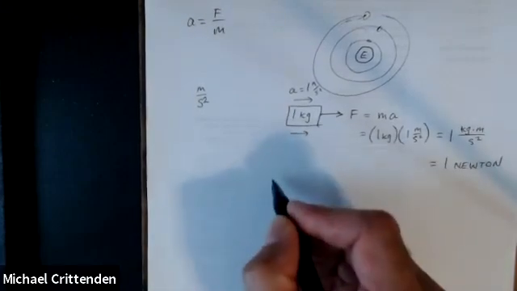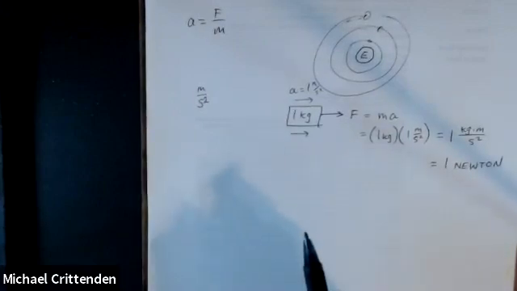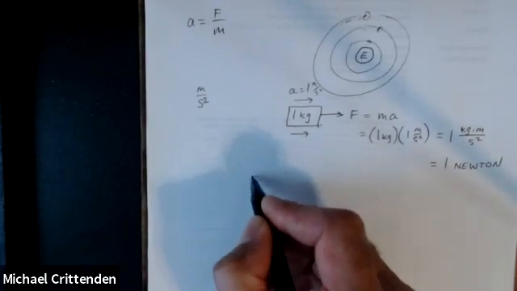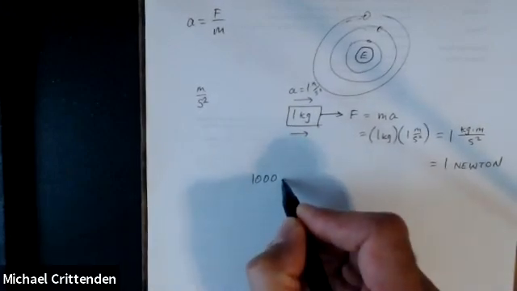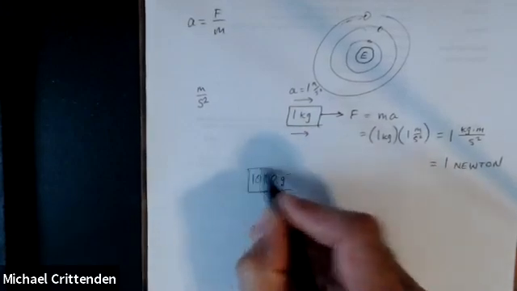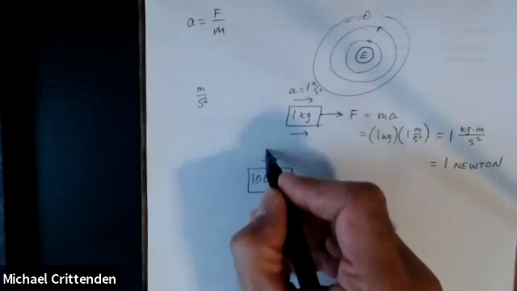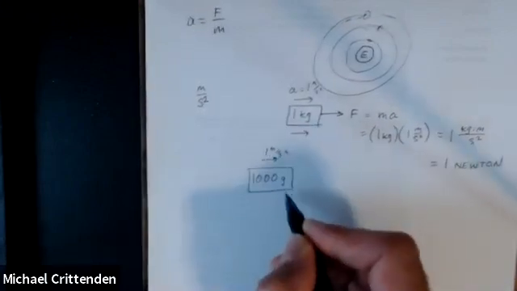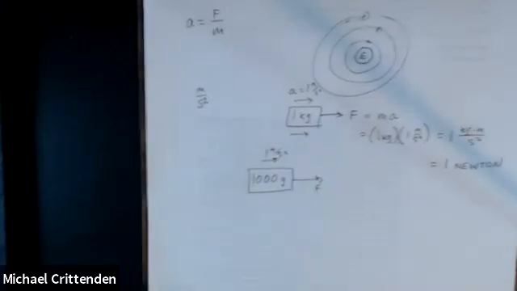let's say I put a ridiculously simple question on a test. Don't expect to get something like this for real, but what if instead of calling that a kilogram, I called it 1,000 grams? It's the same thing. I told you that that was accelerating at 1 meter per second squared, and said, okay, what's that force?